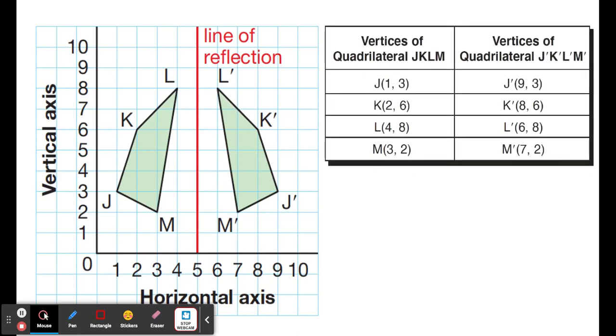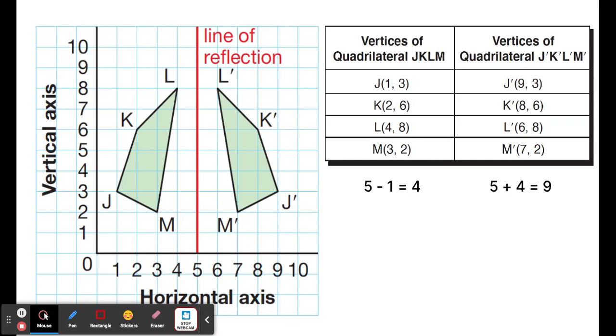So here is our table of values showing our ordered pairs for the vertices of quadrilateral JKLM and the vertices of quadrilateral J prime, K prime, L prime, M prime. The line of reflection is a vertical line passing through 5 on the x-axis, and the x-axis value for J is 1. 5 minus 1 equals 4.